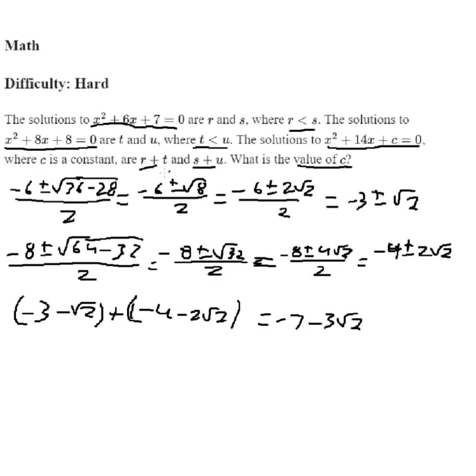So that's r plus t. Now adding s plus u, we have negative 3 plus square root 2 plus negative 4 plus 2 square root 2. This again gives us negative 7, but instead of a negative 3 square root 2, we have a positive 3 square root 2.